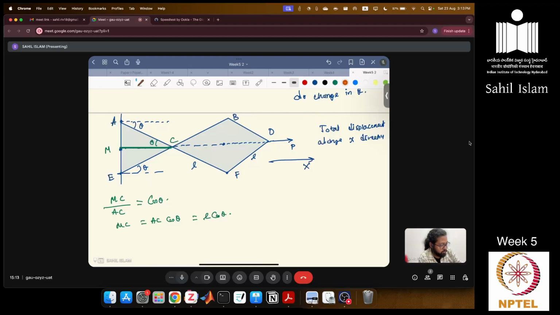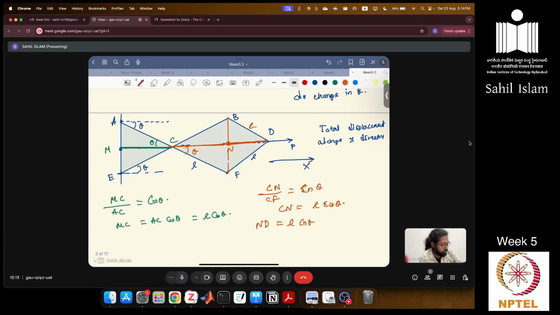Next, let's try to find out this length. Let's draw a perpendicular like this till N. From here we can have this angle to be theta. So we can write Cn by CF equals cos theta. So Cn equals L cos theta. Similarly, we can find this Nd equals also L cos theta.